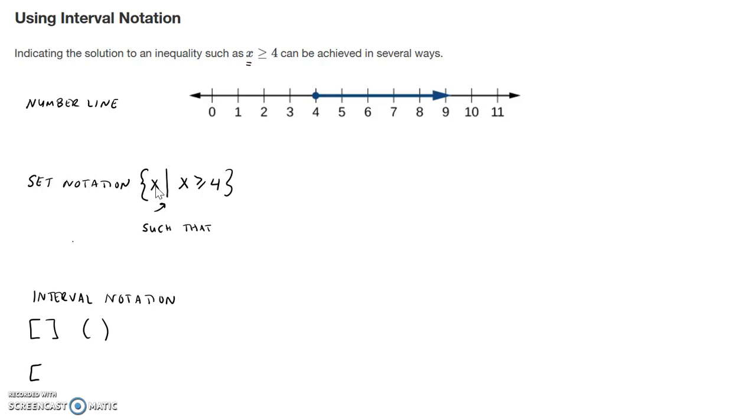I'm going to be using my bracket if my number is included. And you might see that if you were talking about something with the inequality symbols, maybe your less than or equal to sign or your greater than or equal to sign. If you're looking at the number line, you might see this represented by one of the solid dots.